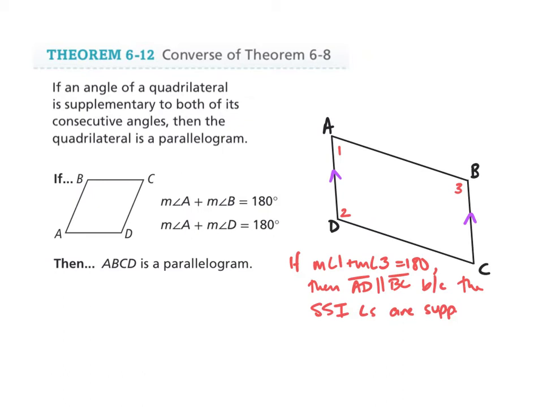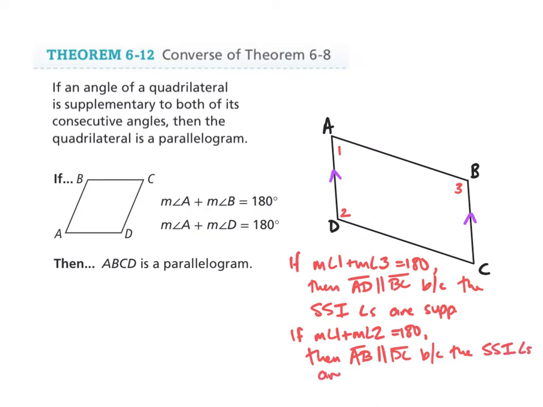But then we could also do the same reasoning with angles 1 and 2. If the measure of angle 1 plus the measure of angle 2 equals 180, then that would mean that segment AB is parallel to segment DC because, again, the same side interior angles are now supplementary.